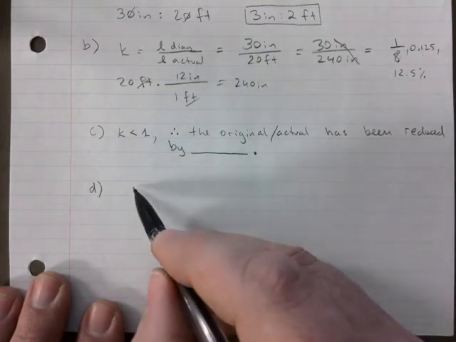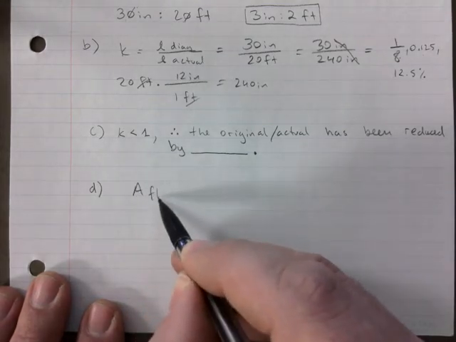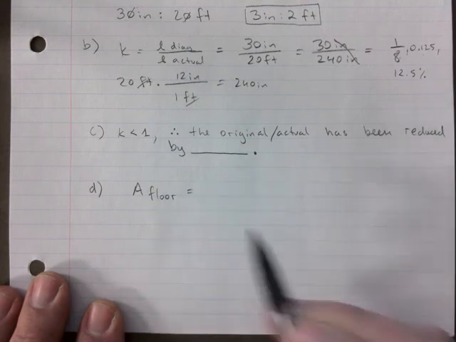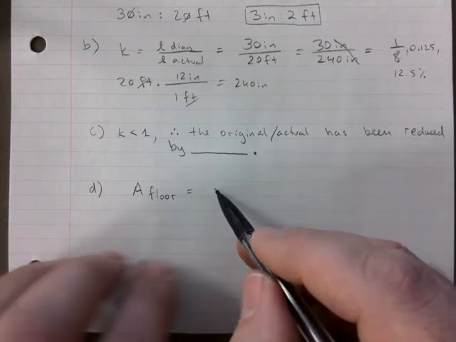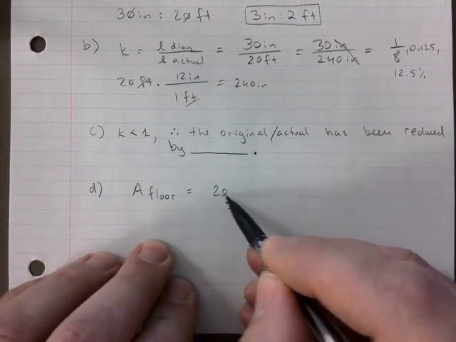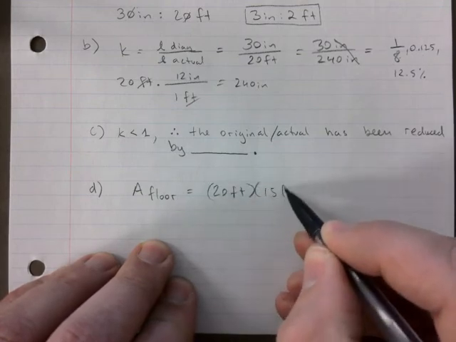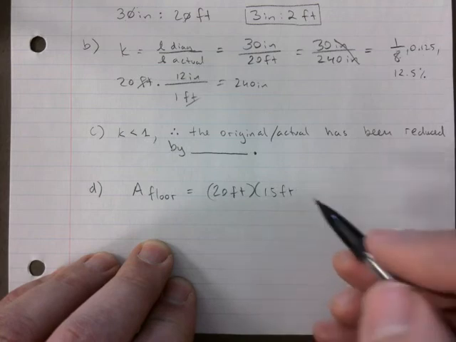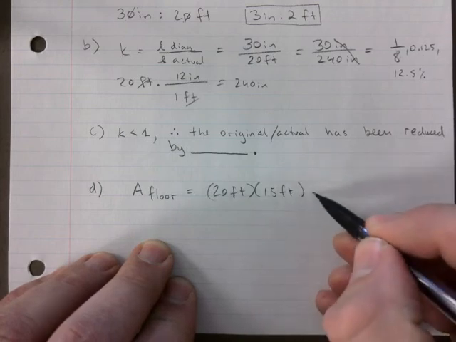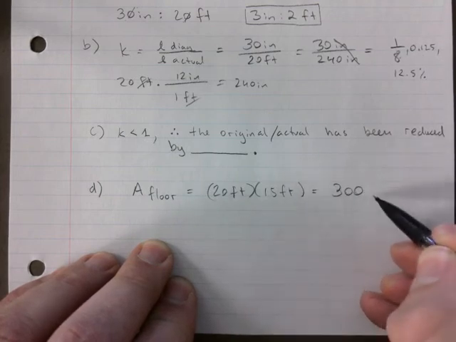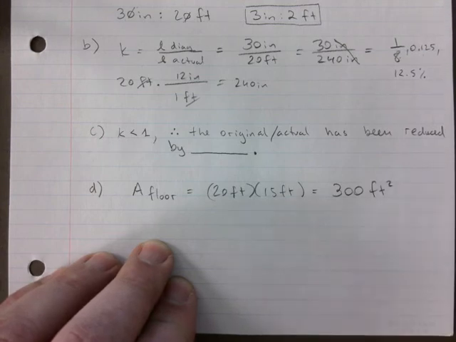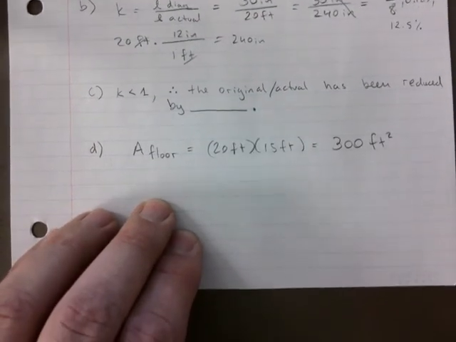So what we need to figure out is the area of the floor. The area of the floor would be 20 feet times 15 feet, which is 300 square feet. That's how much we need to paint.